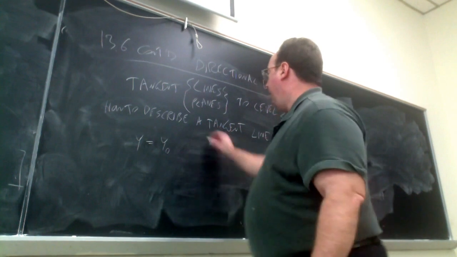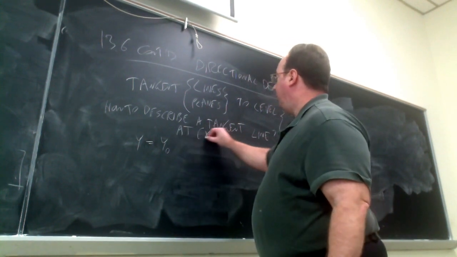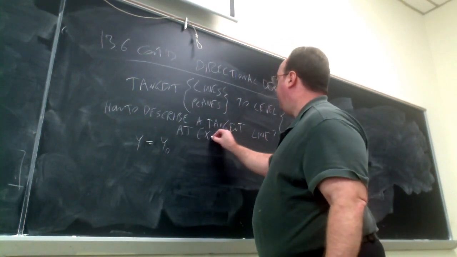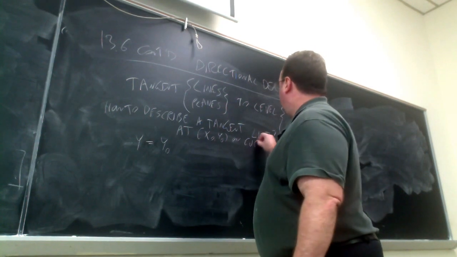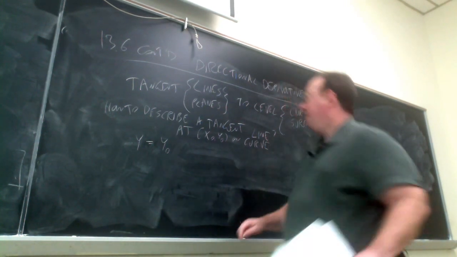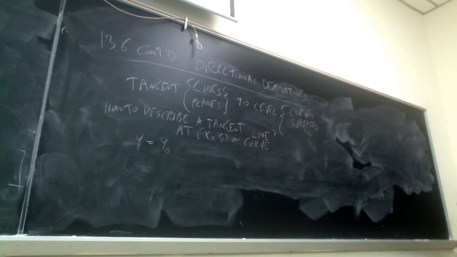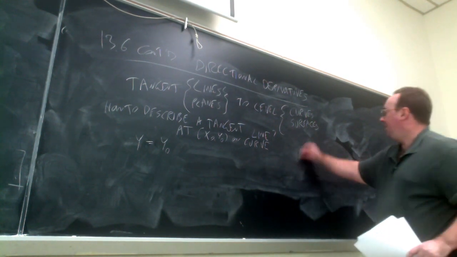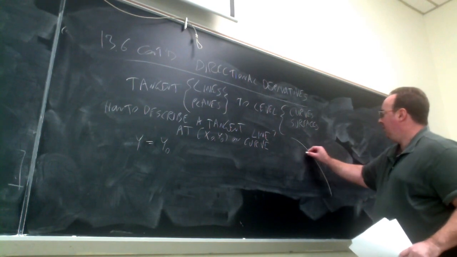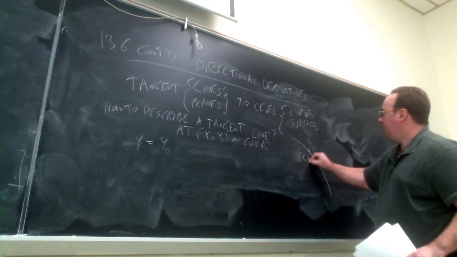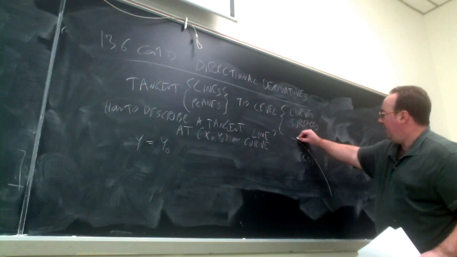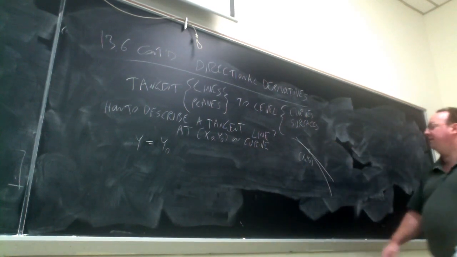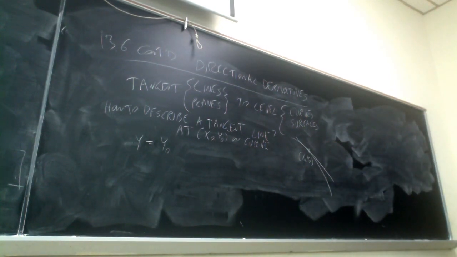Y is, we want a tangent line at a certain point on our curve, whatever curve we have. So you have a point x naught and then corresponding y value y naught that's on this curve, and this is our tangent line to it. That's not very well drawn, but you get the idea.